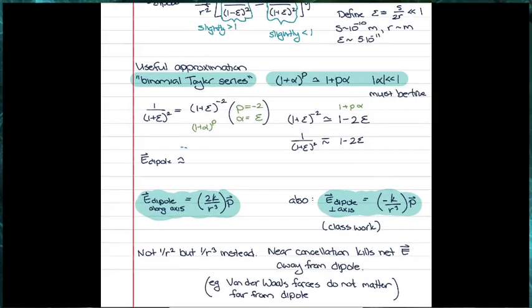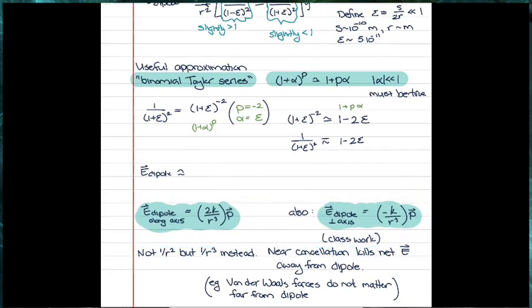Let's see. I think I need a little bit more room. So, okay, let's move it over there. And so then the other expression, we had 1 over 1 minus epsilon squared. I can bring that upstairs, 1 minus epsilon to the minus 2. And again, I have to get it to look like 1 plus alpha to the p. But then I could write this as 1 plus negative epsilon, all raised to the minus 2.